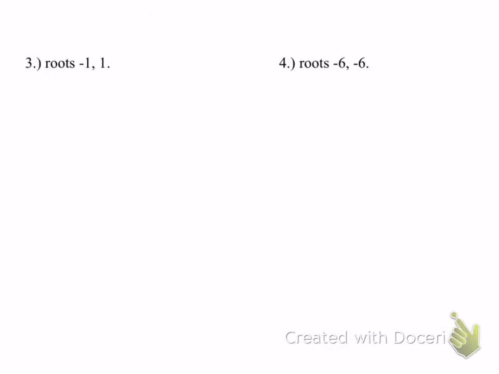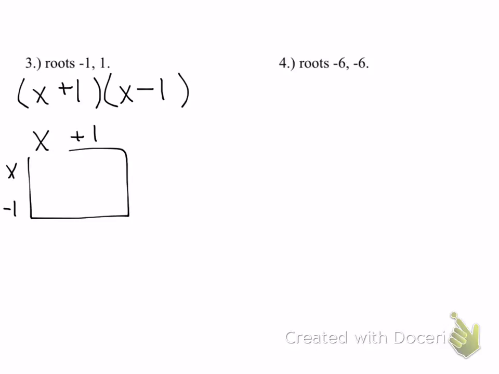So my roots for number 3, we've got x and something, and then x and something. So if I have a negative 1, I want to write that as plus 1. And if I have a positive 1, I want to write it as minus 1. So now we need to kind of fill up our box. So we got x plus 1, x minus 1, make my lovely box. So first thing that we're doing is x times x, which gives me x squared.